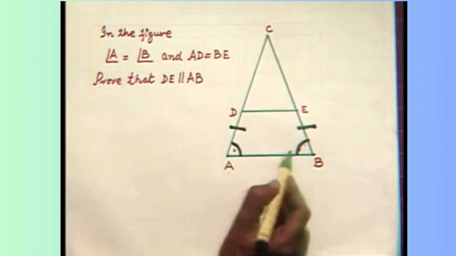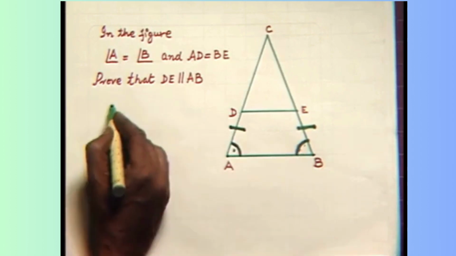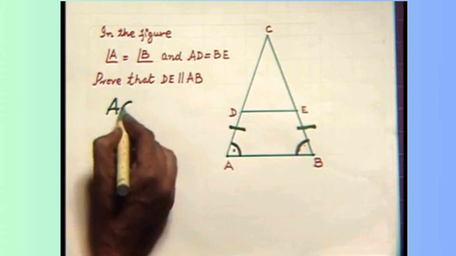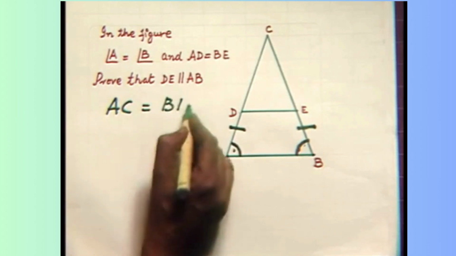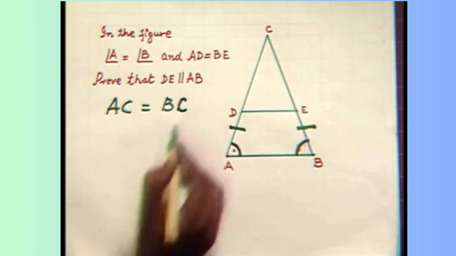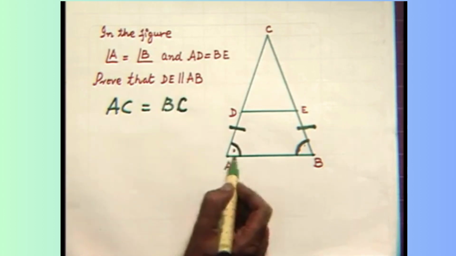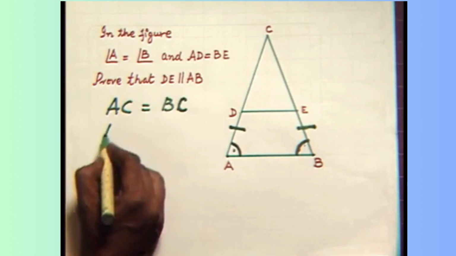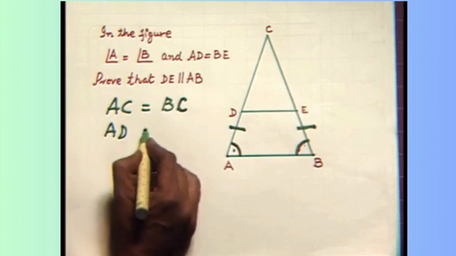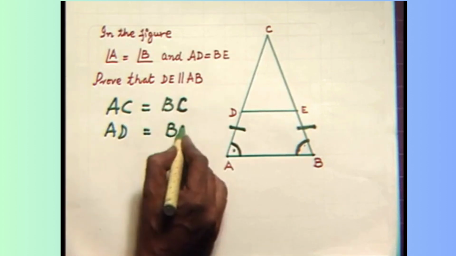Angle A is equal to angle B. So, therefore, AC will be equal to BC, because these are the sides opposite to equal angles, and we are already provided that AD is equal to BE.